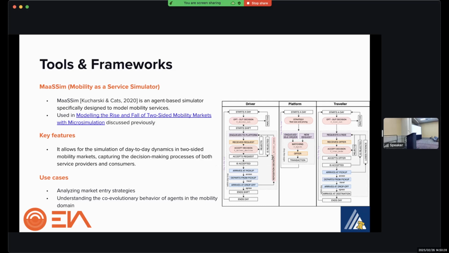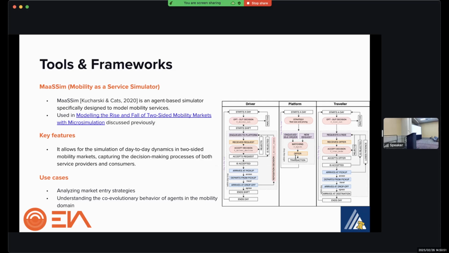And it has been used to study market dynamics, including the rise and falls of mobility markets. And as a key feature, it captures day-to-day decision-making processes for both service providers and consumers to model their real-world behaviors.